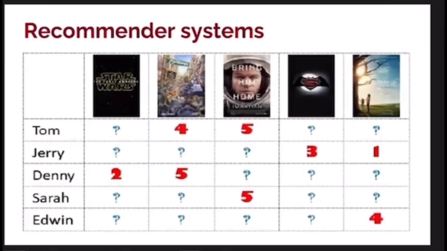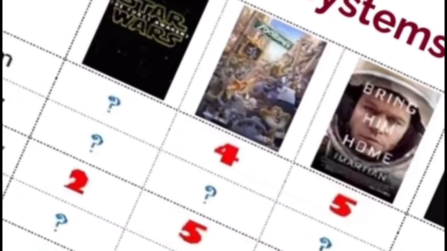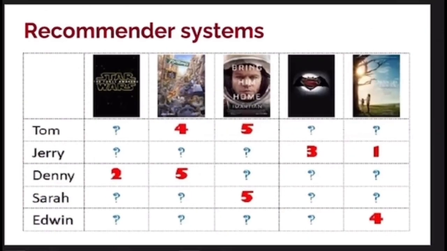Tom didn't watch the first, the fourth and the fifth movie. Because of that, those ratings are missing. Does that make sense? The same thing applies if you look at Jerry. Now, this is a sparse matrix.